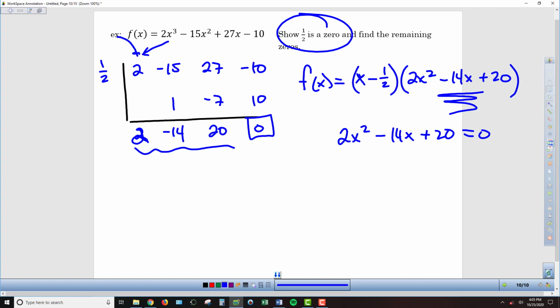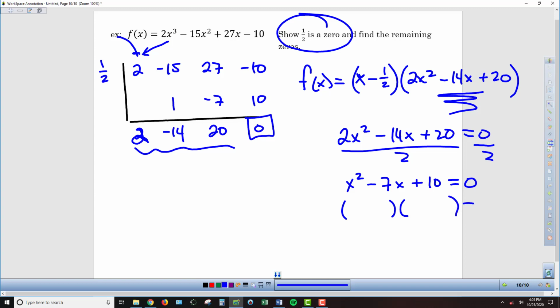So the first thing I'm going to do is divide everything by 2 in this problem, just so that my numbers are a little bit easier to work with. So I end up with x squared minus 7x and then plus 10 equals 0. So hopefully we can see that this is indeed factorable. I'm going to have x as the first piece in each set of parentheses.